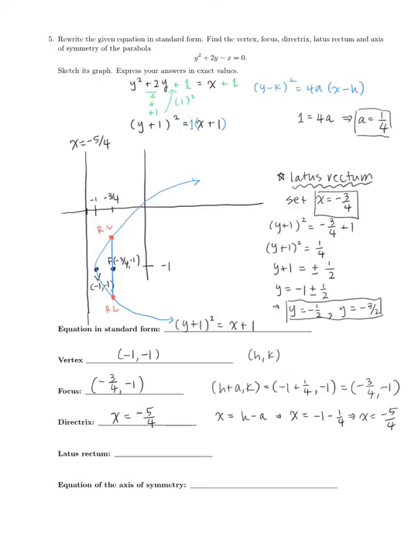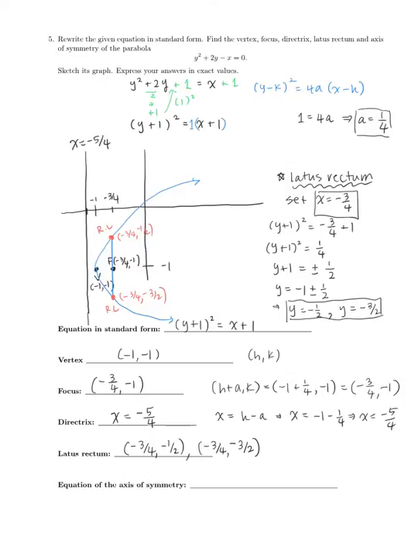So the latus rectum endpoints are (-3/4, -1/2) and (-3/4, -3/2). Let me just jot it out. So here we have (-3/4, -1/2), and this point is (-3/4, -3/2).